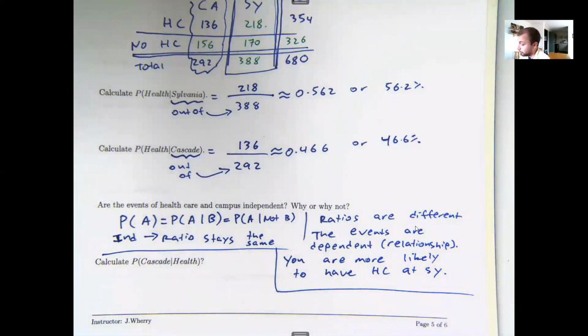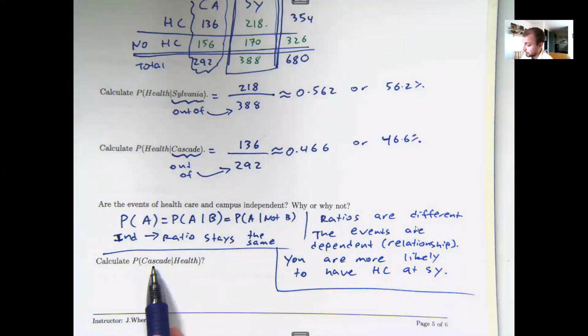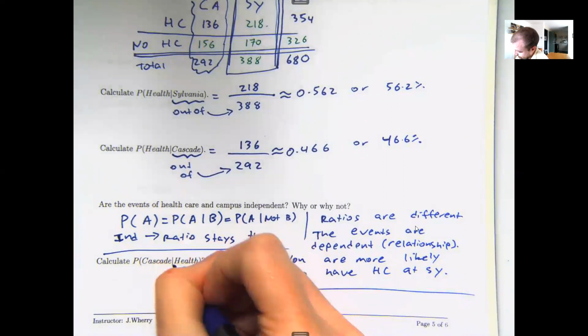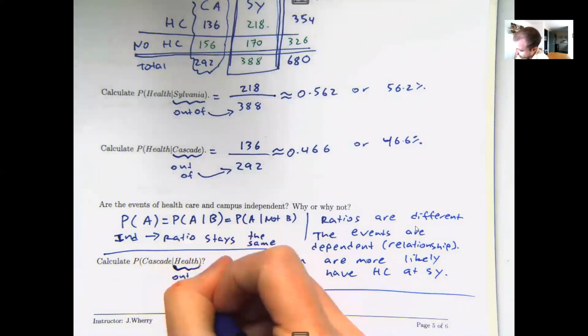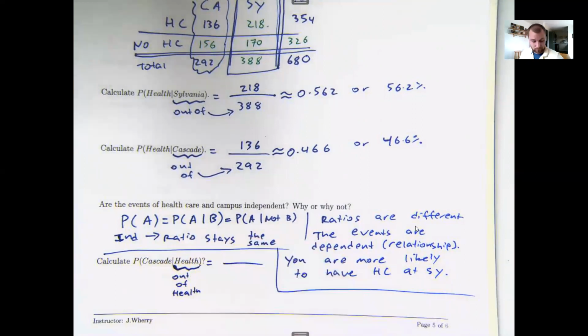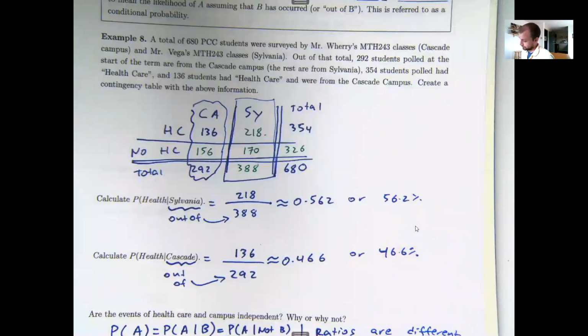As a final note with this notation, be careful with the ordering. So if I see Cascade vertical line health, this means out of health. So if I'm setting this up, this would be for the people with healthcare.